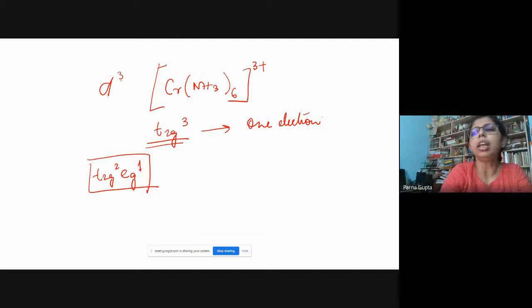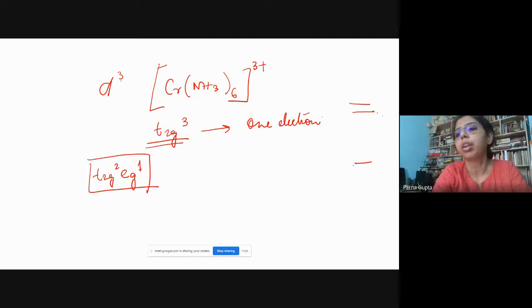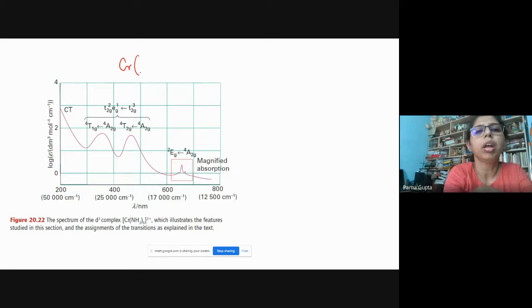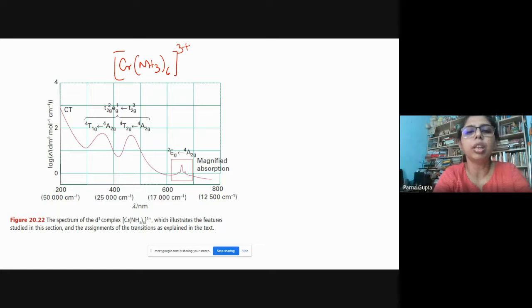So practically, if we just take this energy excitation of the electron, then we must have one absorption maxima. But if we go to the real picture of this [Cr(NH3)6]3+, then we see that this is very low intensity. So here it is magnified.